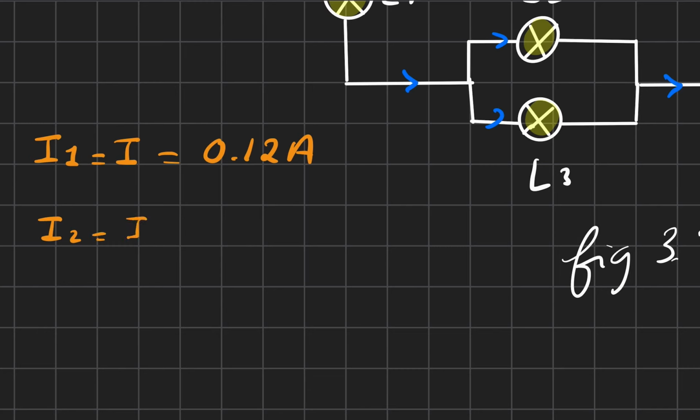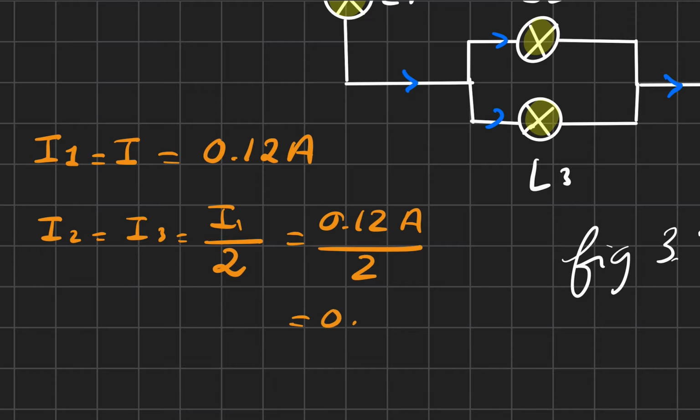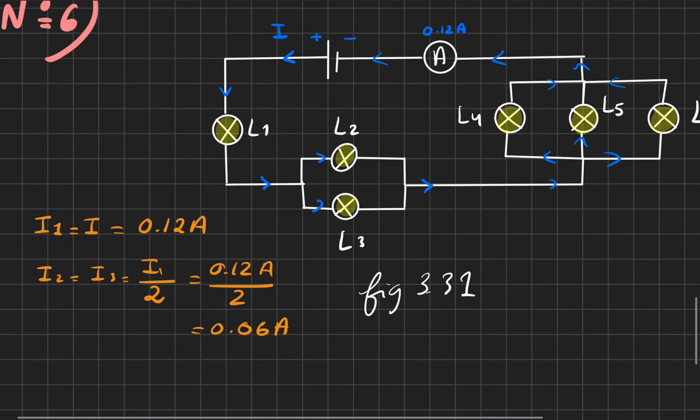So I2 is equal to I3 equal to I1 divided by 2. So 0.12 divided by 2 is simply 0.06 ampere.